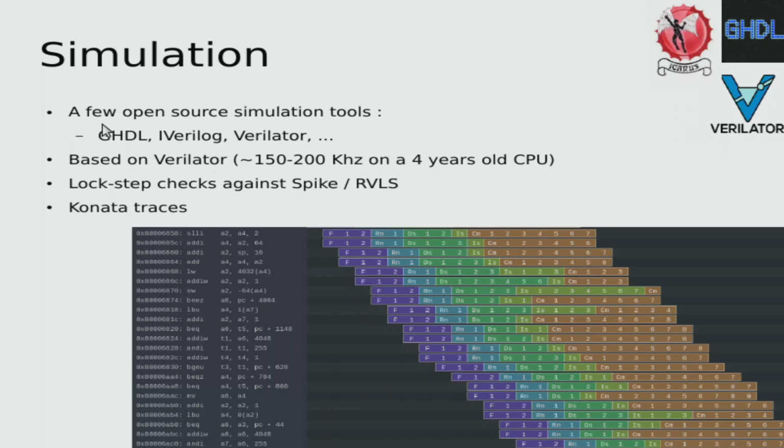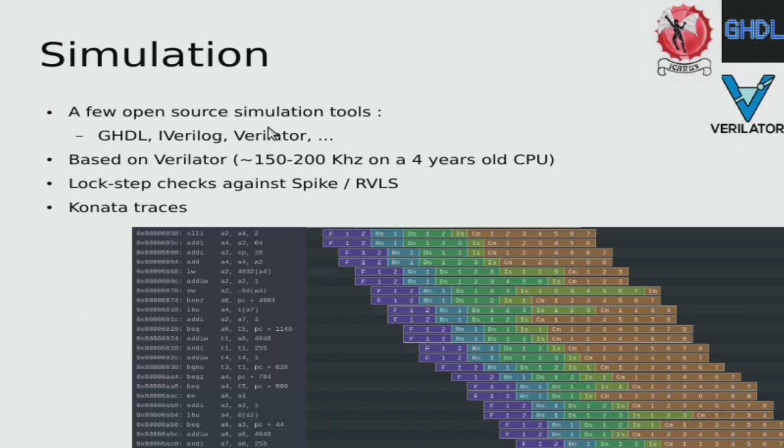You may get some free versions which are locked down in terms of size, unusable for this kind of big design. And the thing is, there are really open source alternatives to those big industry tools, like GHDL for VHDL simulation, Icarus Verilog for Verilog ones. Those work great, except for speed. So if you need speed, which is what you need to simulate CPUs, there is Verilator.